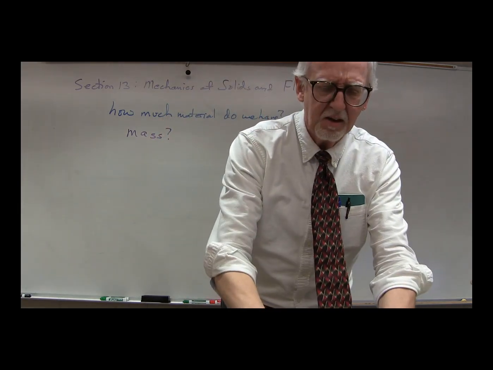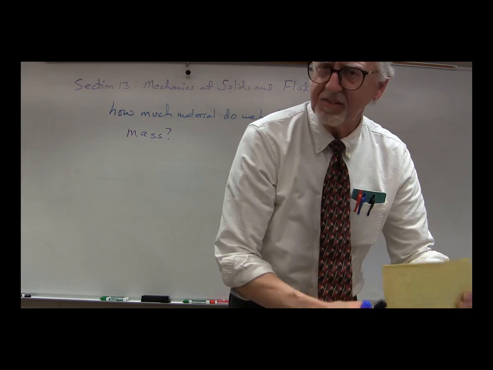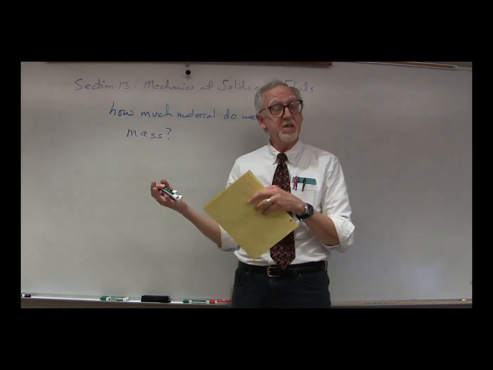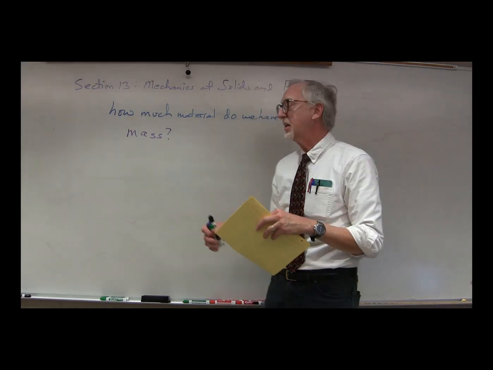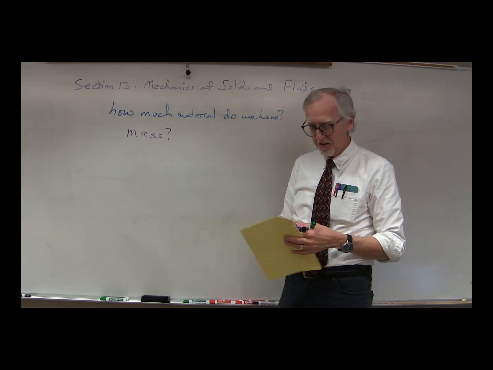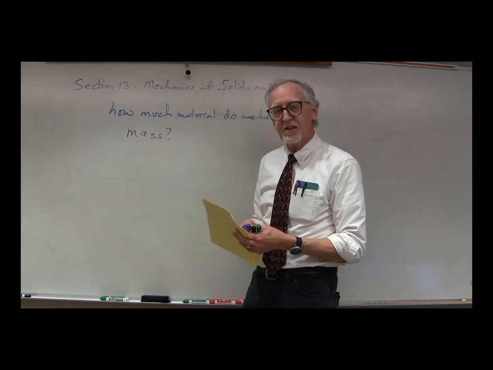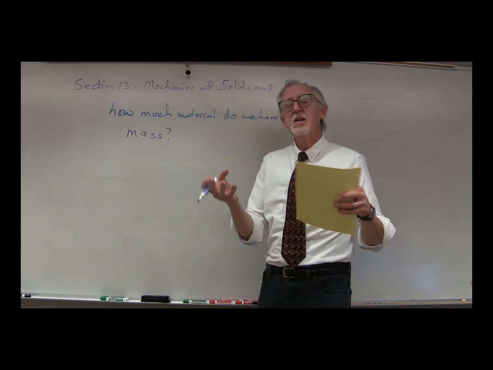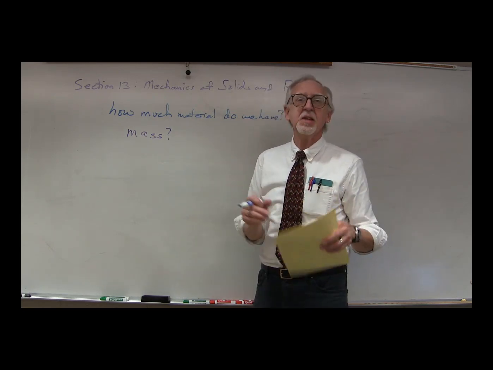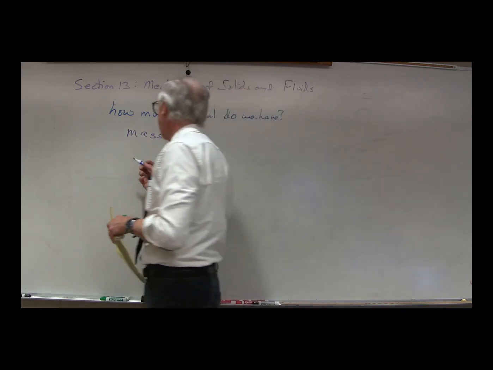So the size of the materials would depend on what the material is, in addition to how much mass we have. So there's another quantity that we would like to define to go along with this that will tell us something about the volume in relation to the amount of material we have, and that is the density.